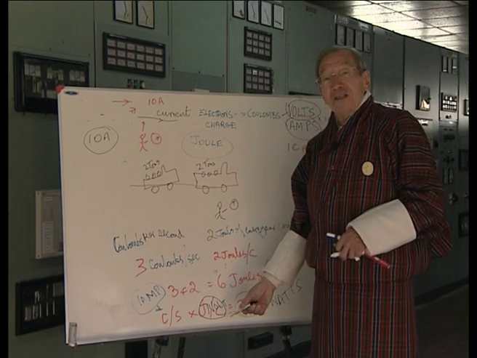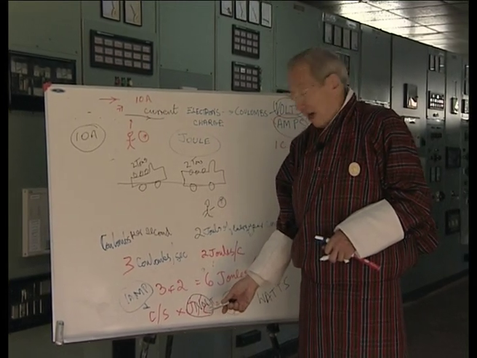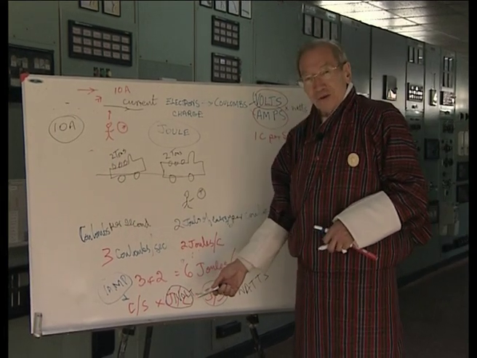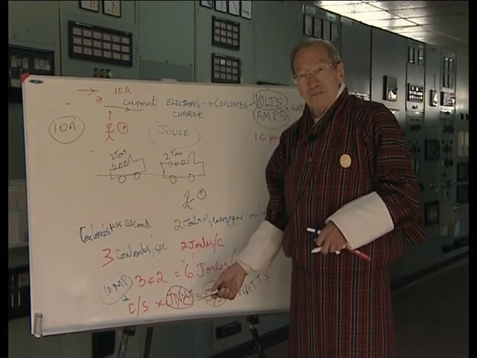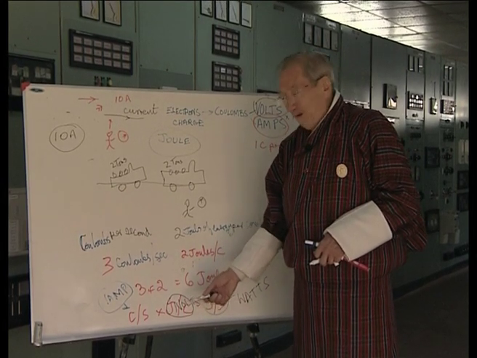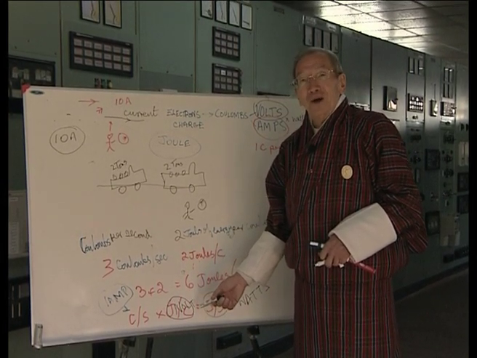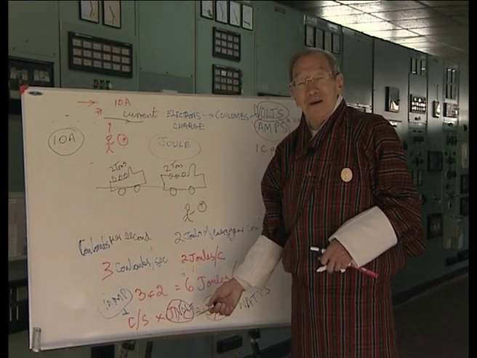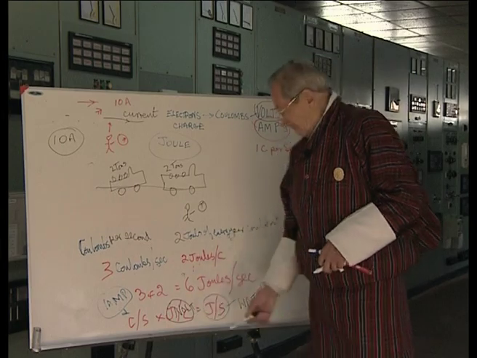So the volt is named after the Italian Volta. You have to be a bit careful here. There was also a French philosopher and poet called Voltaire. Don't mix up Volta, the Italian scientist, and Voltaire, the French poet, writer, and philosopher.